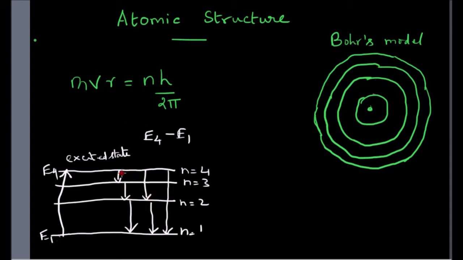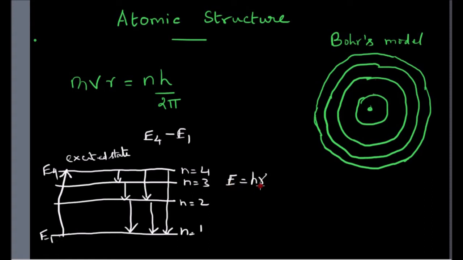Now, corresponding to each energy that is emitted, when it comes back, it emits that excess energy, isn't it? That E is equal to h nu. Corresponding to the energy that is emitted, a bright line is observed at the corresponding frequency.